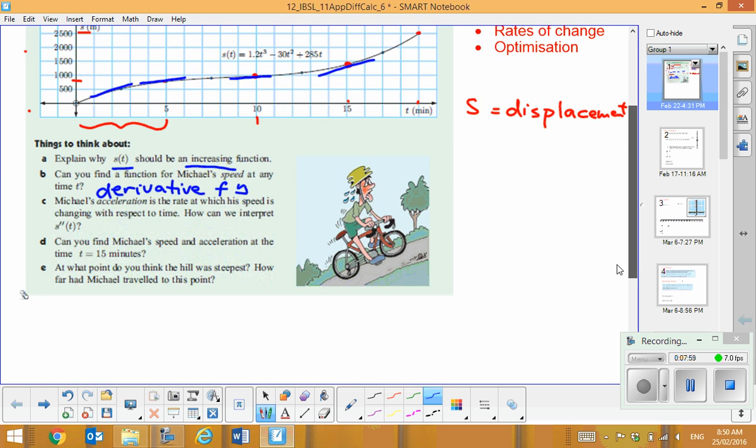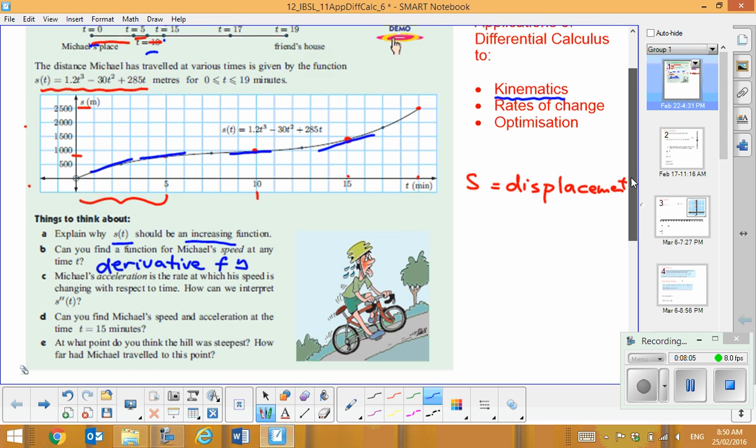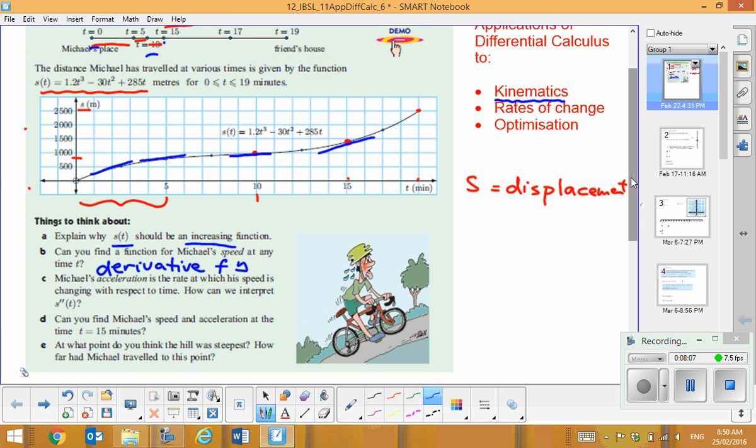Michael's acceleration is the rate at which his speed is changing with respect to time. We'll go into this in more detail, but initially he's going reasonably fast. Now he's going slower, now faster. So acceleration is just saying what's happening to his speed. Has his speed increased or decreased?